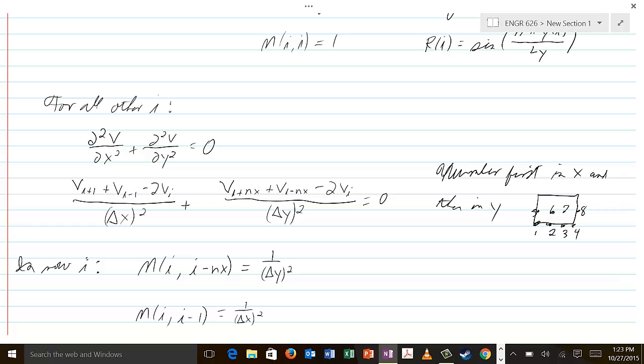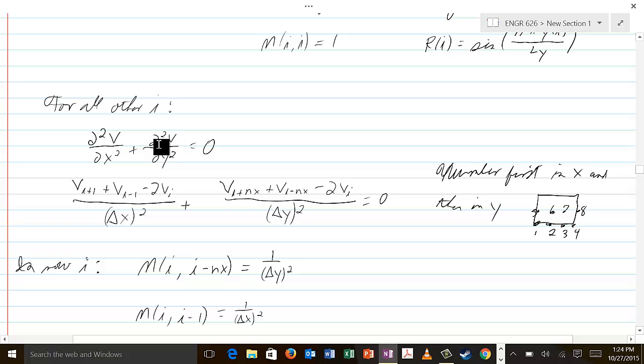And at interior nodes of the matrix, as we've already said, we want to have Laplace's equation, which in two dimensions becomes this: partial squared v partial x squared plus partial squared v partial y squared is equal to 0. And as we observed before, the second partial derivative with respect to x will be v of I plus 1 plus v of I minus 1 minus 2v of I over delta x squared. And that's because the node to the right is vi plus 1 and the node to the left is vi minus 1.